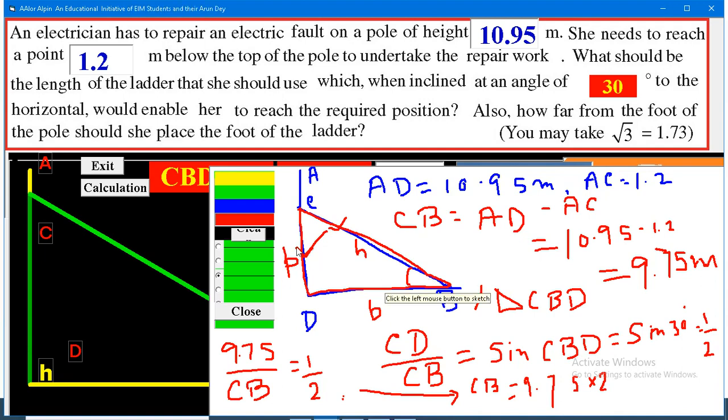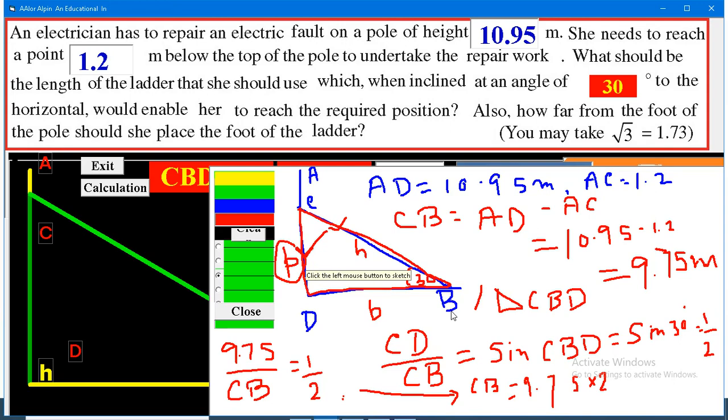So as soon as I know that I know the perpendicular, I know the angle, and I have to find the hypotenuse, I know I have to apply the sine formula, because sine is perpendicular by hypotenuse. So two sides and one angle. Out of that, two will be given. I have to find the third one. The second part of the problem is I have to find the distance DB.